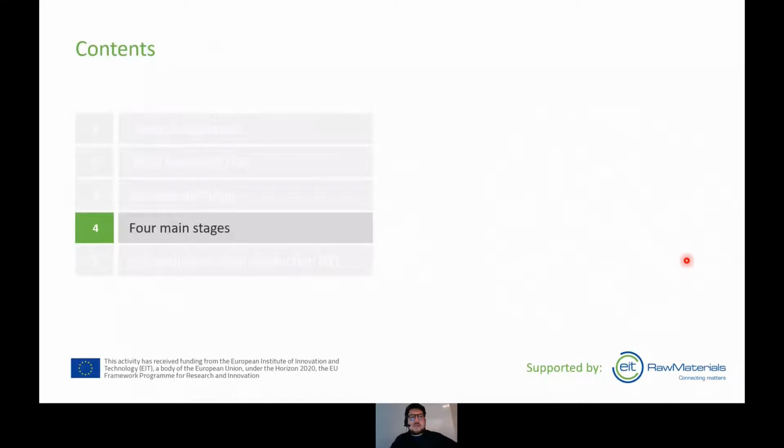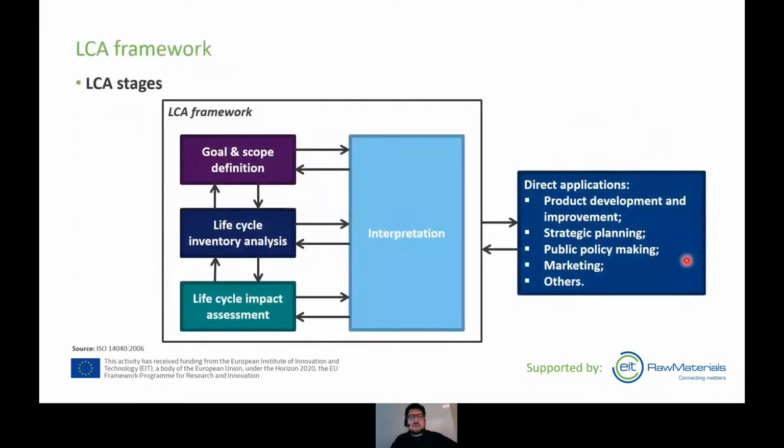Okay, so I think now it's time to move into the 4 steps, where we devote more time for the talk today. Here are the 4 main steps that were defined in ISO 14040. If you want to check more, you have the reference here, but they include 4 main blocks. First, starting with the goal and scope definition, then moving to the life cycle inventory analysis.